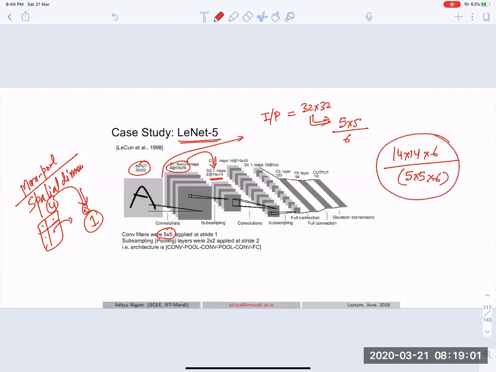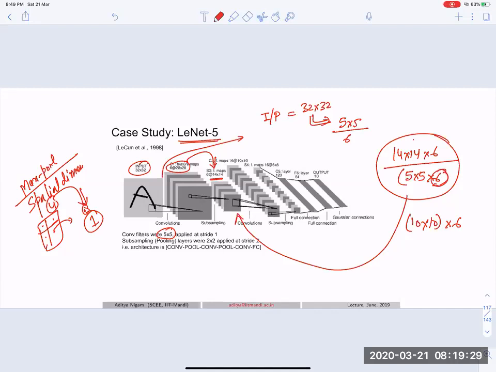If I apply this filter over this input, you are going to get 10 by 10, because 14 minus 4 and 14 minus 4 gives 10 by 10. One filter is going to produce one feature map of size 10 by 10. And how many filters have you applied? Such filters, so it's going to be 5 by 5 by 6.